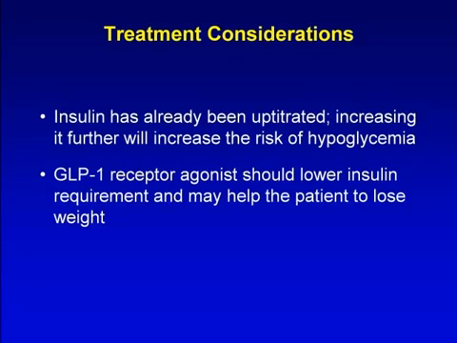So the alternative might be to actually add a GLP-1 agonist to this patient, which would lower the requirements of the insulin, as well as help the patient maybe lose some weight in the long run. Yeah, I would agree with that. You want to avoid something that's going to increase hypoglycemia and weight gain, which he's been struggling with. He's had both those problems, and so I would avoid going up on the insulin immediately.